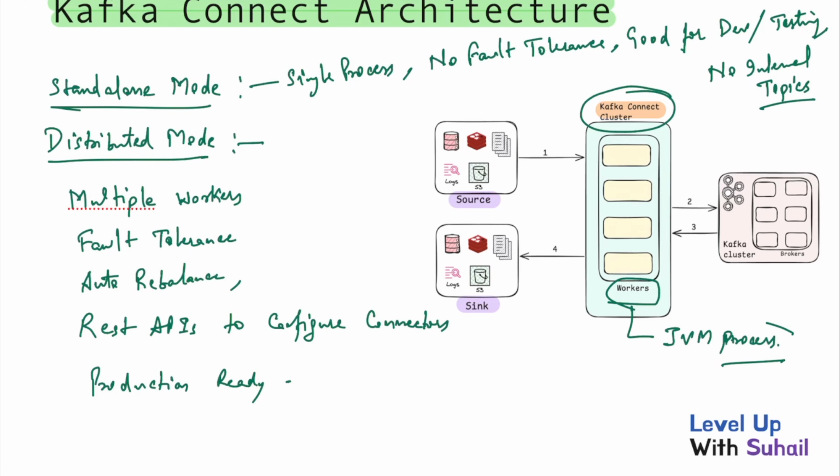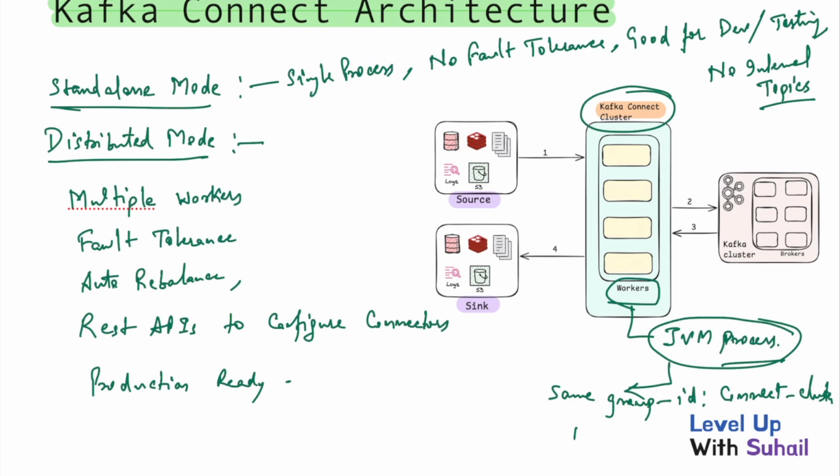If these JVM processes use the same group ID, let's say connect cluster is the group ID, and the same Kafka cluster, that is the bootstrap server, and the same internal topics, it automatically forms a Kafka Connect cluster. We don't need to provide any cluster ID or set up a different cluster altogether. We just need to spin up these workers on multiple machines. Let me erase all this.